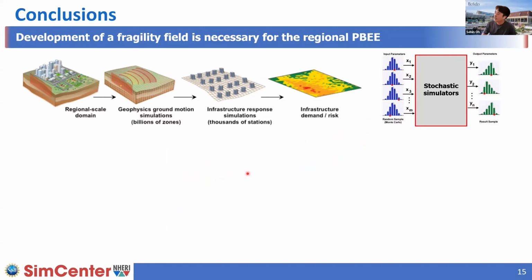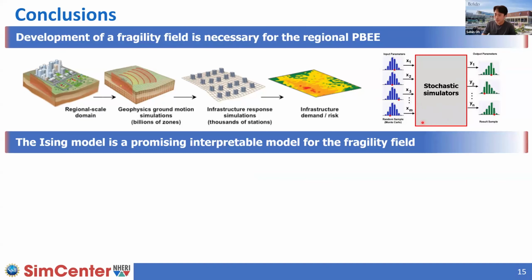And just like when we apply the PBE framework for individual structures, regional PBE requires a stochastic simulator that provides probabilities for the regional responses for a given hazard scenario. And to this end, we are exploring the Ising model as a promising interpretable model for the fragility field.